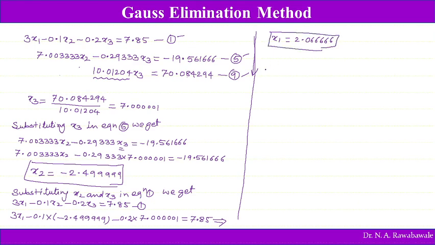Now the answer is: the value of x1 is 2.066666, the value of x2 is minus 2.499999, and the value of x3 is 7.000001.